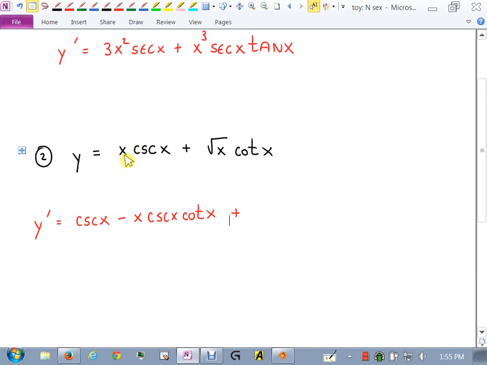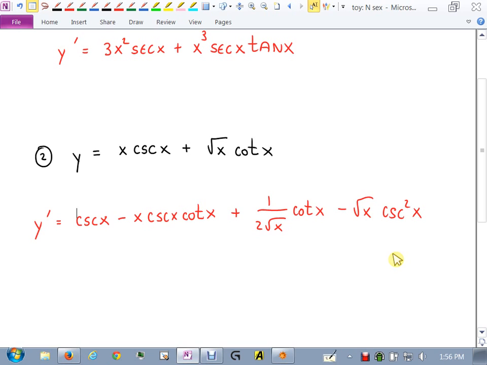So product rule here, derivative of x is 1 times this plus the derivative of this, which is negative cosecant x cotangent x, times x, bring the x up front, change the plus to a minus. Over here, 1 over 2 root x, cotangent x, minus square root x, cosecant squared x. Done. Any questions? Everyone got that?